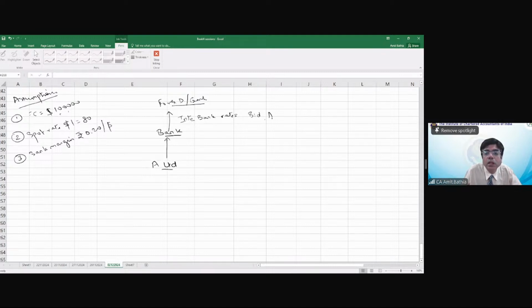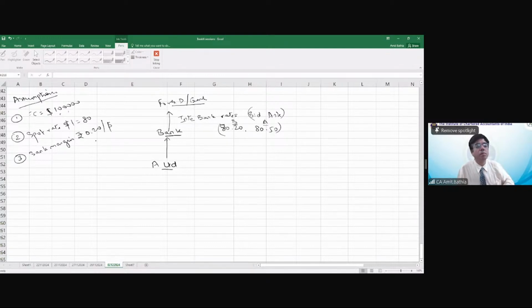Say, for example, the current prevailing rates in the interbank are, let's say, 80.20 and 80.50. Okay, this is the interbank bid and ask rates. This is the bid rate. This is the ask rate.